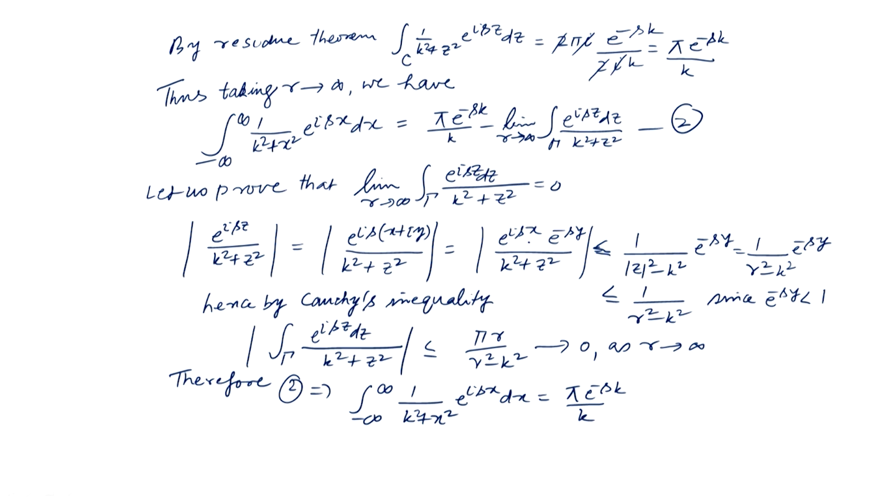Now, let us put e to the power isx as cos sx plus i sin sx and then equate real and imaginary parts on both sides. On the right side you see this is a real value, so the imaginary part is 0.